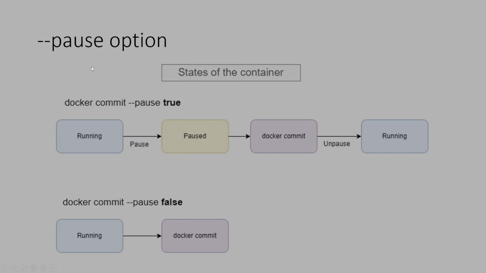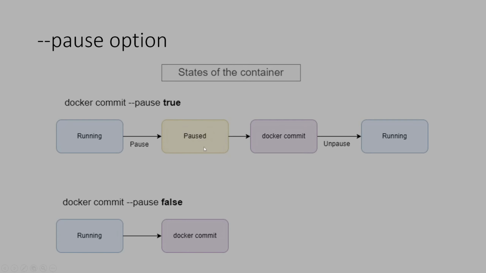Let us take a closer look at the pause option. By default, the Docker commit command will set the pause option as true. This will make sure that the running container is paused first, and then the Docker commit will occur, and then it will unpause the container and it will go back to its running state.